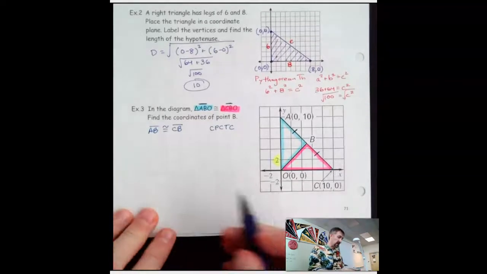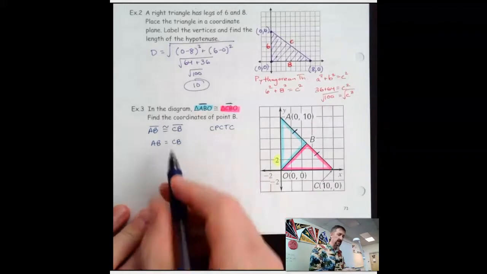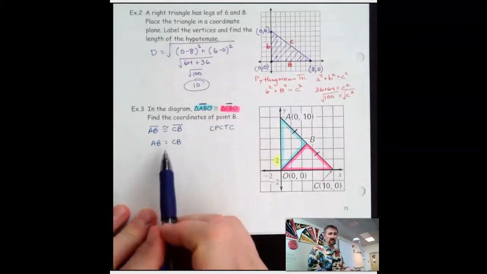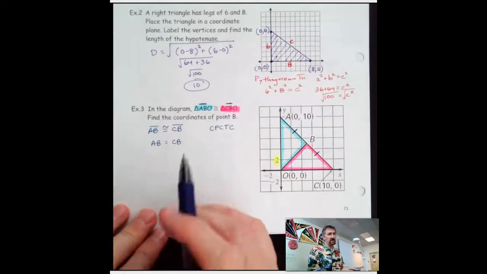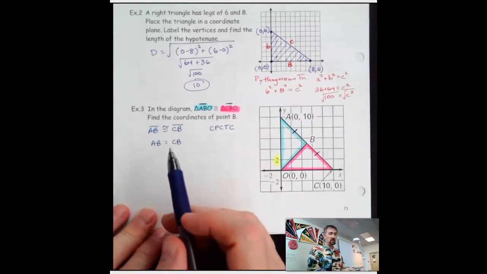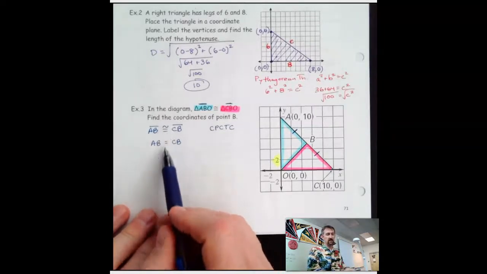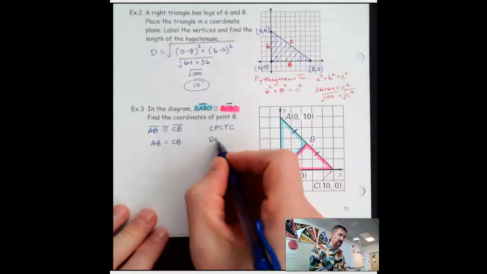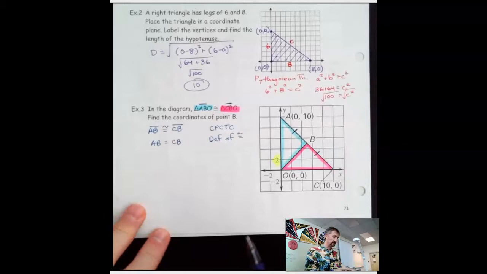Now we could say that AB equals CB. With no mark over the top, that means it's a length, a distance. And we've had this many times now, so you recognize, I know what that means. That's the definition of congruent.